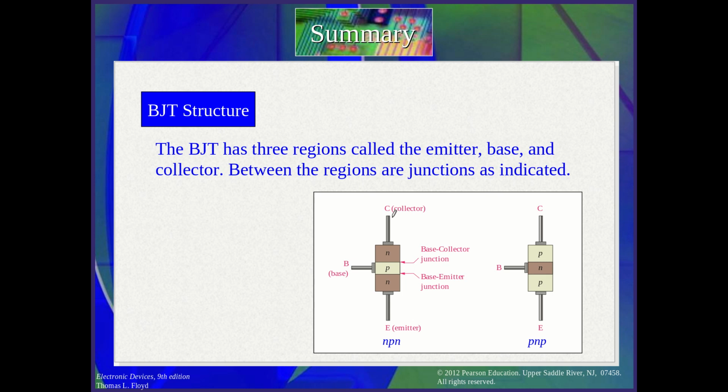So neither the base emitter nor the base collector is in forward bias. Both of them are off in the cutoff region.